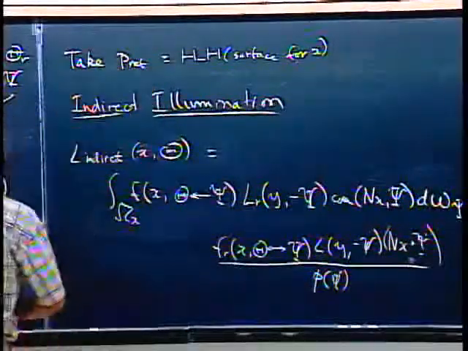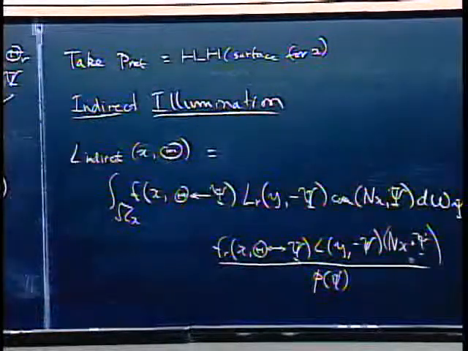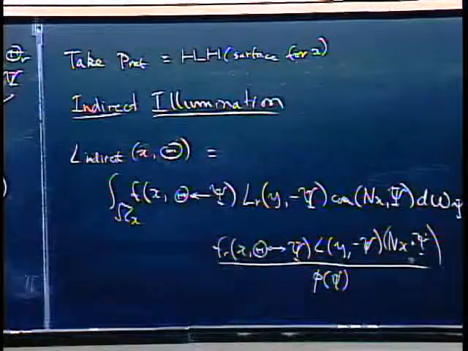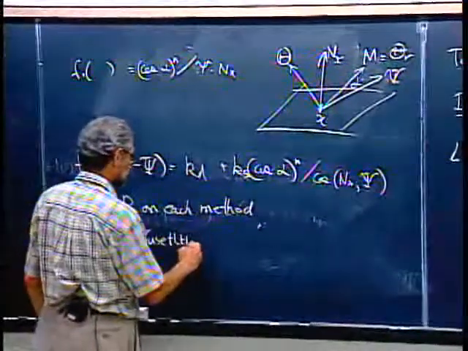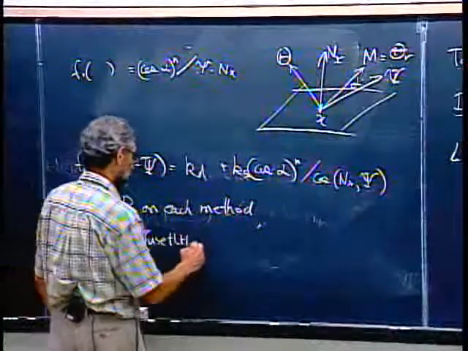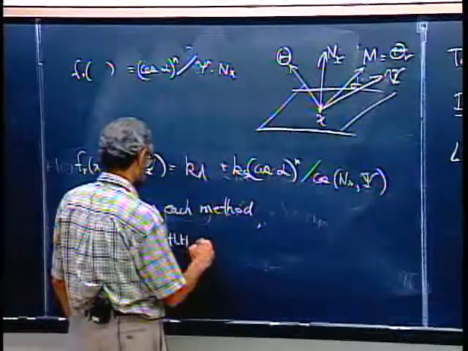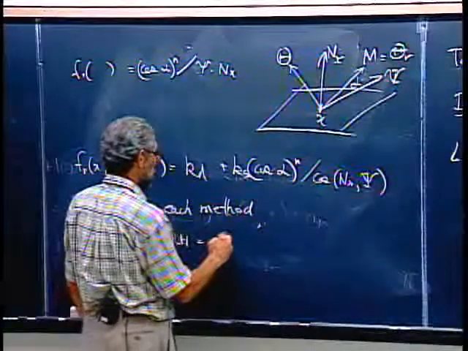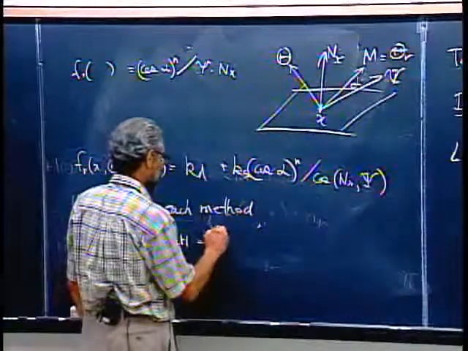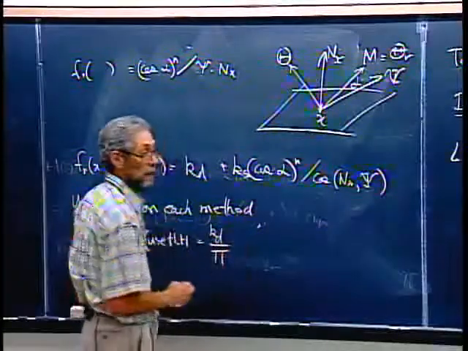So say the hemispherical reflectivity for this thing, Q1, equals the diffuse hemisphere to hemisphere reflectivity. And what is that? Well, we found out that that was KD over pi.